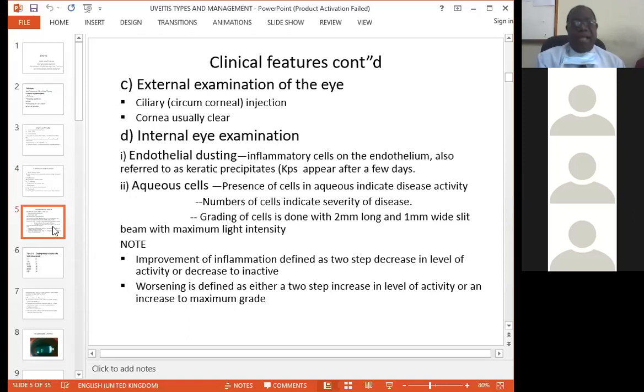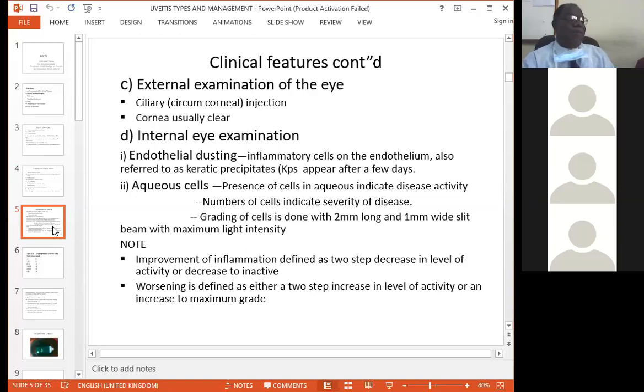On external examination of the eye, you normally have ciliary injection. Ciliary injection is the redness around the corneoscleral junction, the ciliary area. The cornea is clear, the sclera is opaque. At that junction, that's what we call the ciliary injection.